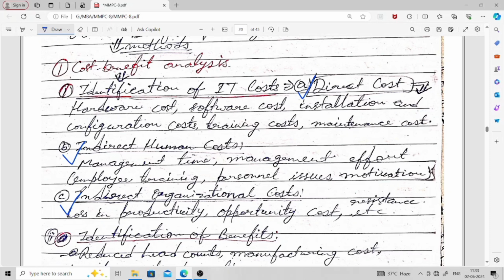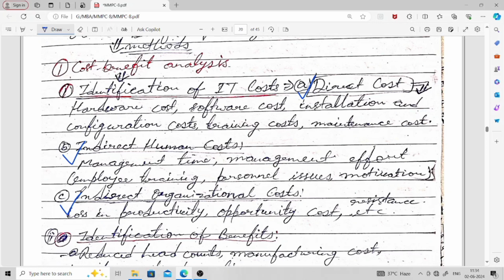And that is the opportunity cost also. Opportunity cost here means that if you are implementing some kind of new information system, then there is a requirement of human effort, or overall organizational effort also. So for doing one thing, you have to leave other things, or the organization will have to give up one opportunity for another. That's why opportunity cost is also involved in this case.